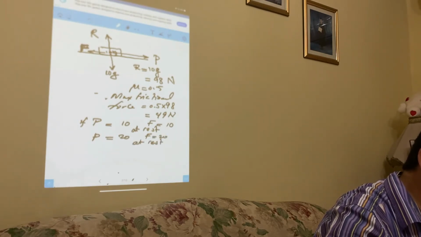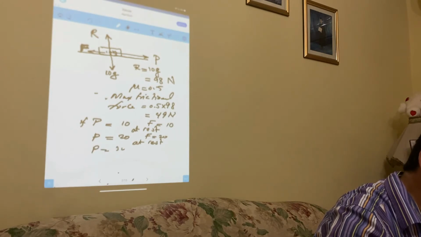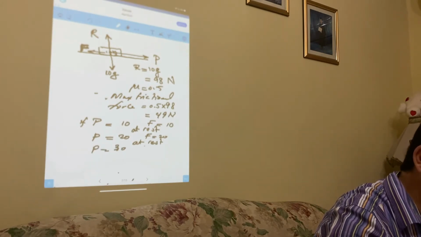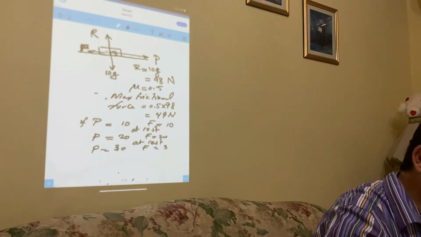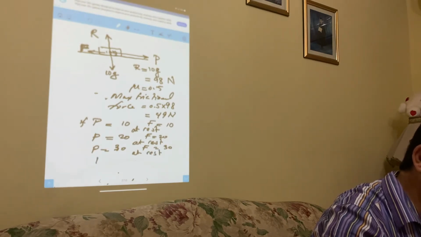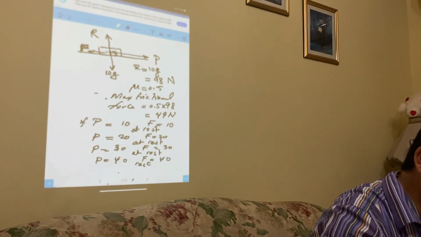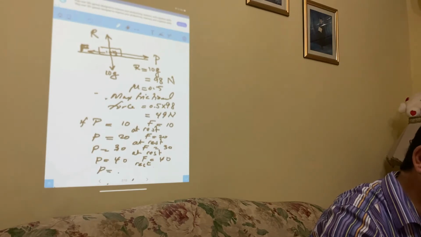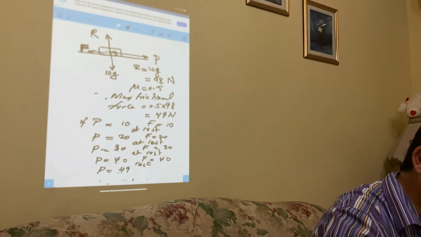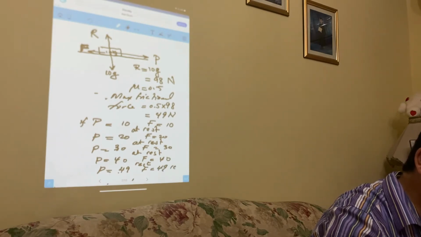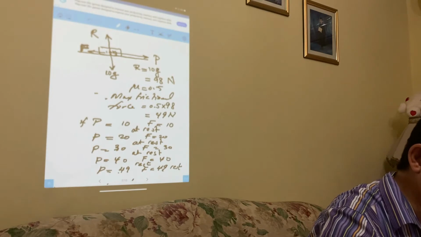If P equals 30, then friction is 30 and the body is at rest. If P equals 40, F equals 40 and the body is at rest. But if P equals 49, friction is 49 and the body is at rest or just about to move.